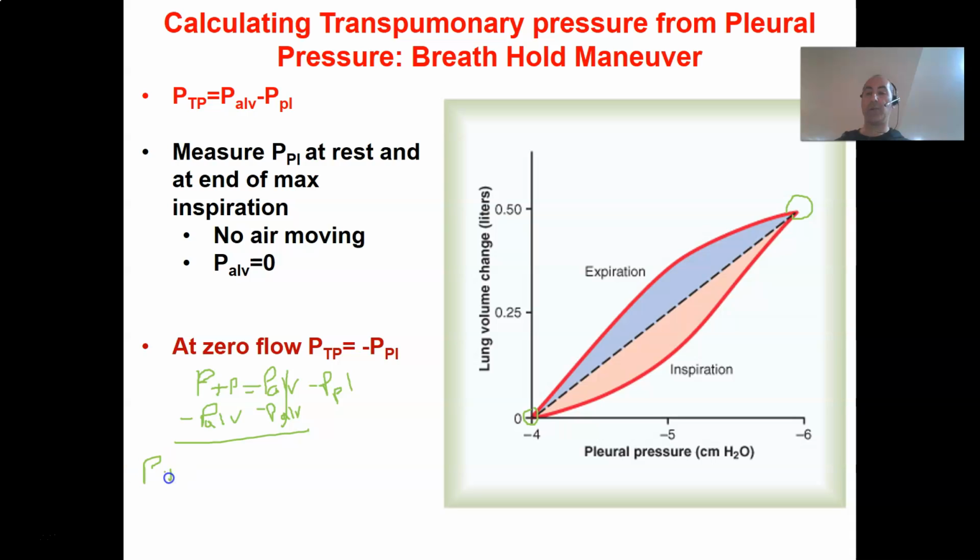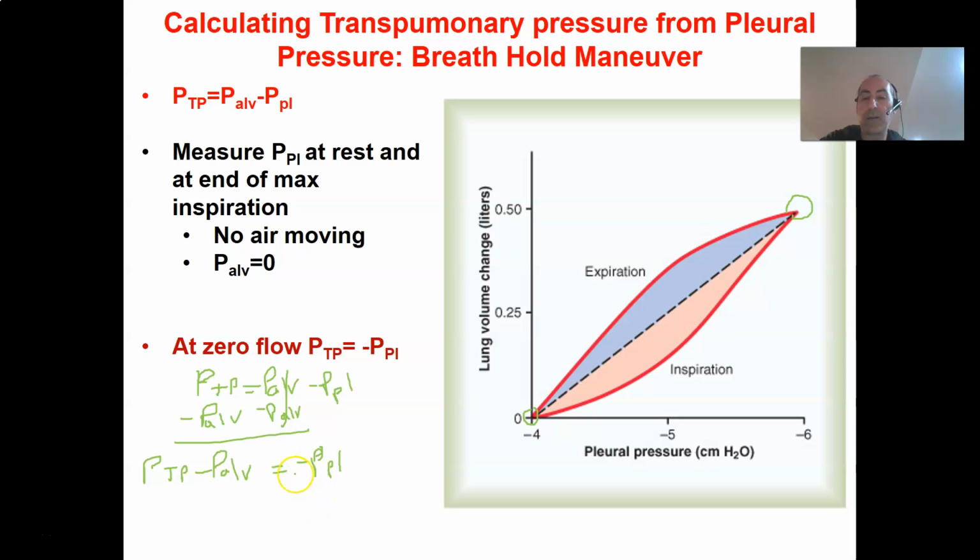That means transpulmonary pressure minus alveolar pressure equals a negative pleural pressure.